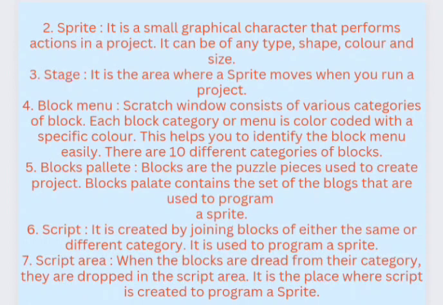And the fourth one is block menu. The Scratch window consists of various categories of blocks. The block menu is present in the Scratch window and it has many types of blocks. Each category of the block menu is color coded with a specific color. This helps you to identify the block menu easily.